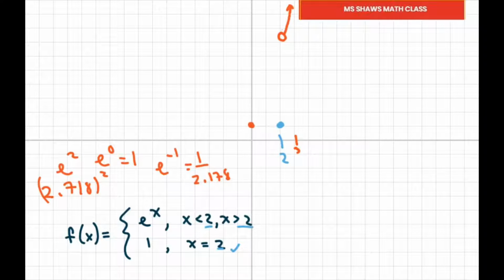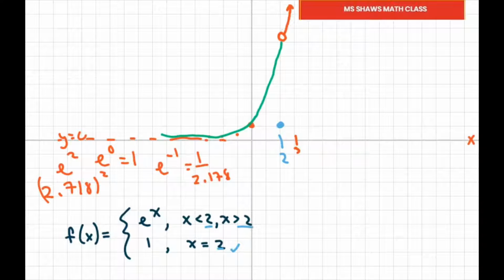So it's a little bigger than a third. And then it keeps going down here, but it never crosses our horizontal asymptote, which is y equals 0. This is your x-axis, but this line right here is y equals 0. So I'm assuming when you're getting to these, you know how to graph e to the x. So it shoots up like that. All right, so that's your graph.